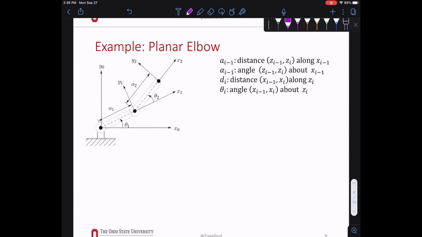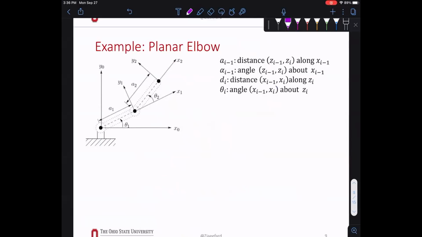So they relate to each other. The x-axis would be the axis perpendicular to the plane that contains these two. For now, I'll give you the x-axis, so we can create our DH table.